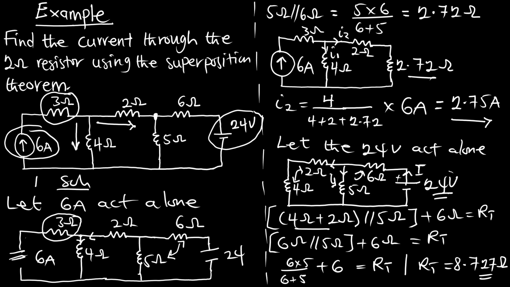Are we okay? So now we have the voltage, we also have the total resistance in the circuit, meaning we can find the current I produced by the voltage source. So let's look at that. So we are going to use that idea to find the current.